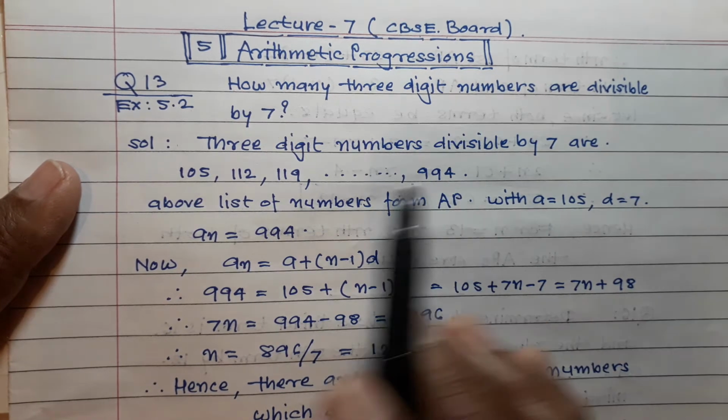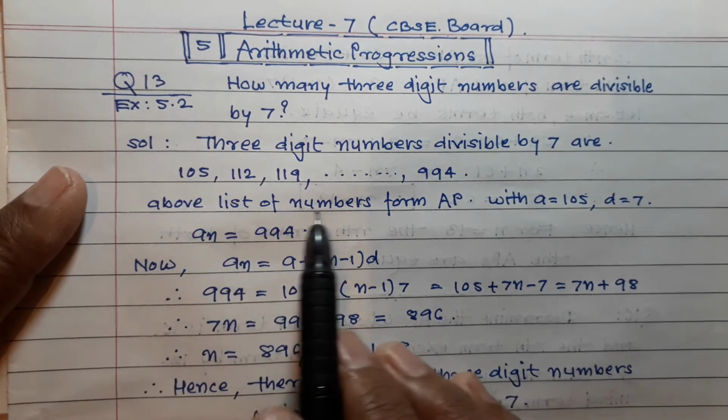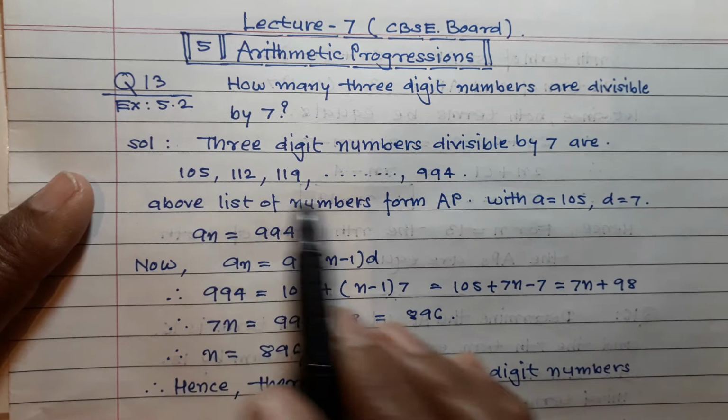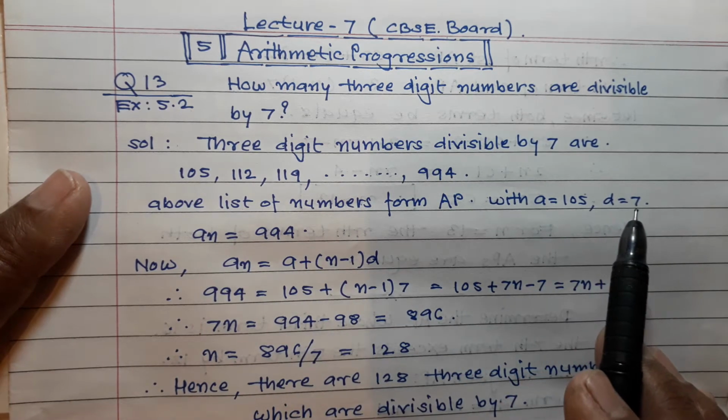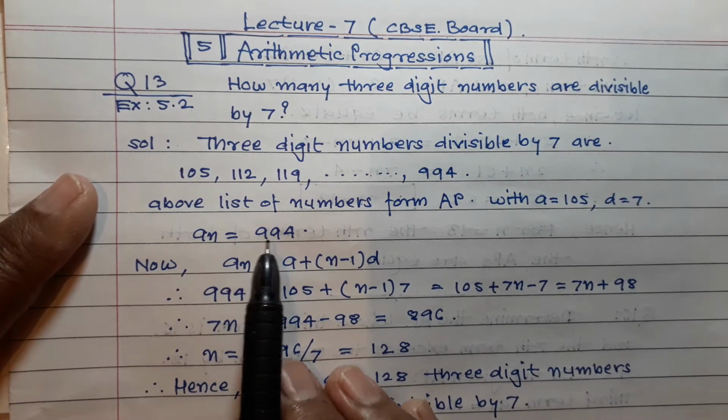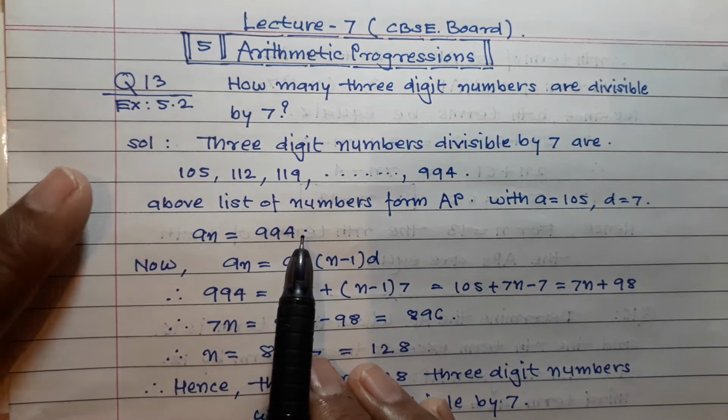So the above list of numbers forms an AP with a = 105 and d = 7 and an = 994.